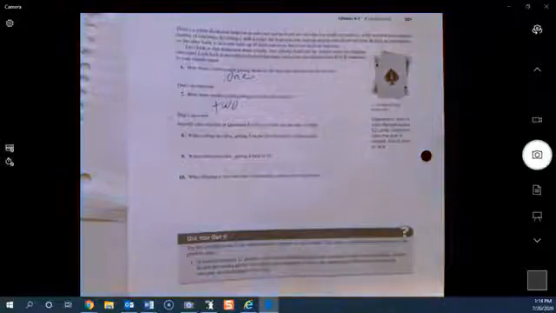Number 8. It says identify each scenario in questions 8 through 10 as an event, an outcome, or both. Now, it says when rolling 2 dice, getting 3 on the first die and 5 on the second.